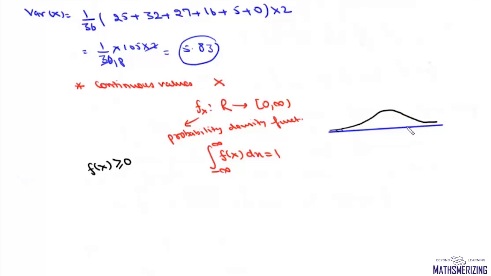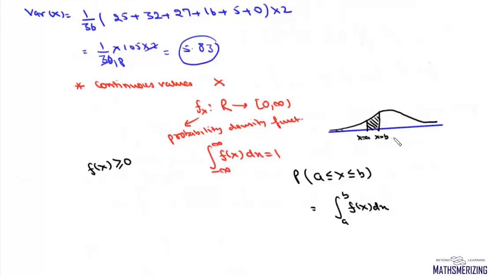Now for a probability density function, the probability that the random variable x lies between a and b is given by the integral from a to b of fx dx. So this probability will be given by the area under the curve from x equals a to x equals b.